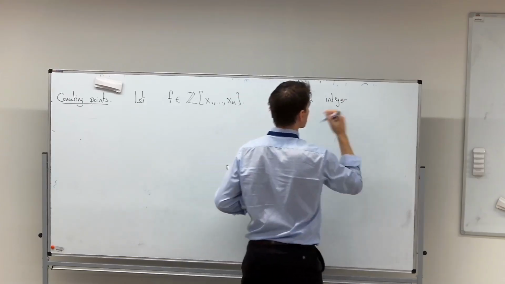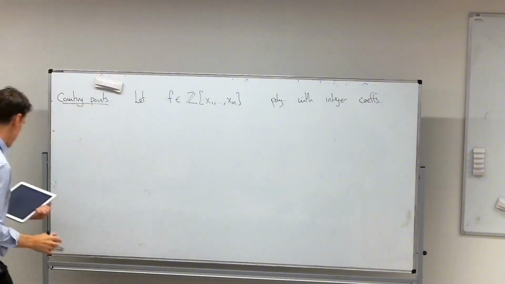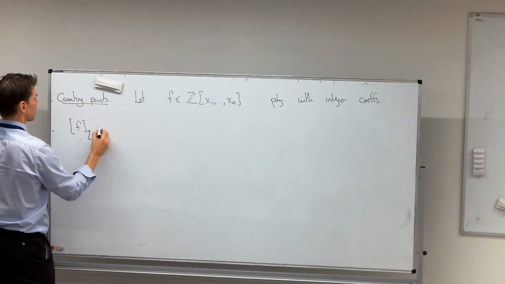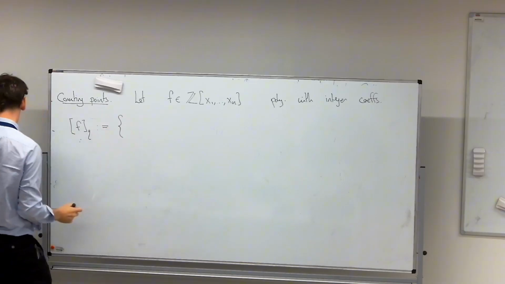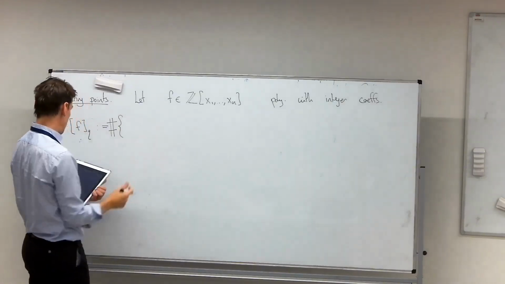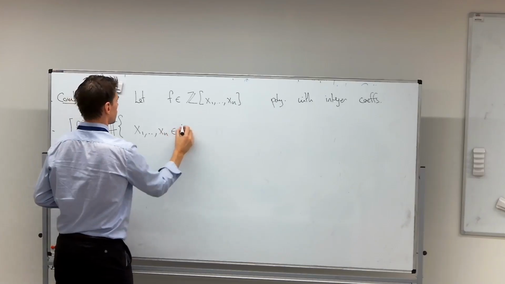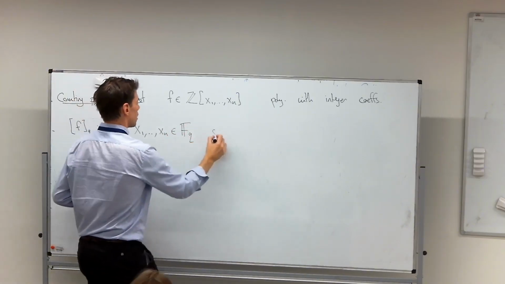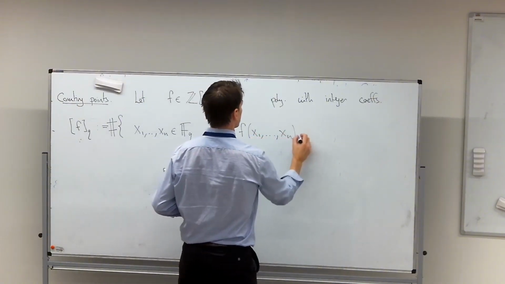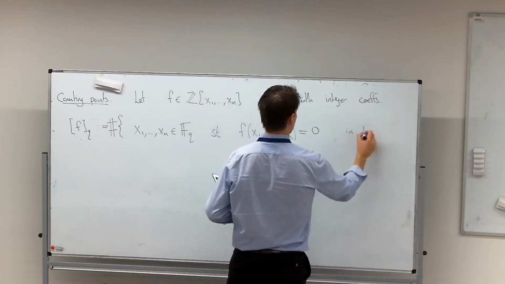It doesn't have to be homogeneous, but it's very important that the coefficients be integers. And then for every prime power q, we can define a symbol [f]_q to be the number of zeros of this polynomial. So it's the number of elements x_1 to x_n in F_q such that f(x_1, ..., x_n) is 0. This is of course in F_q.